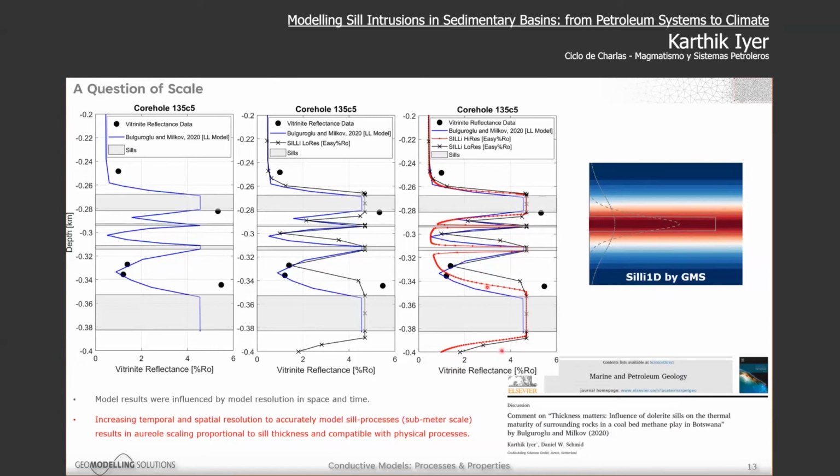The point is that if you model it correctly, you don't get this conclusion that thin sills have a very, very big aureole compared to thick sills. They have an aureole proportional to their thickness, and it's simply physics that determines it. So it's not only processes. If you're modeling something, you have to take care about the time and space resolutions as well, especially when sills are concerned.